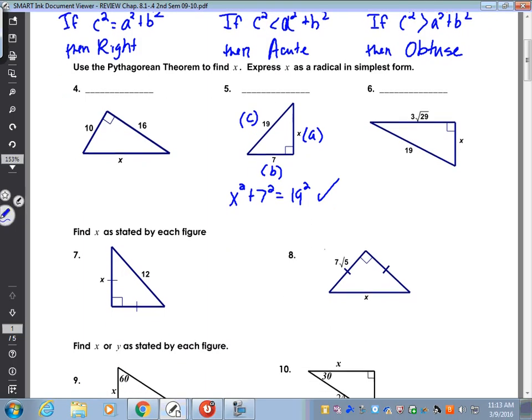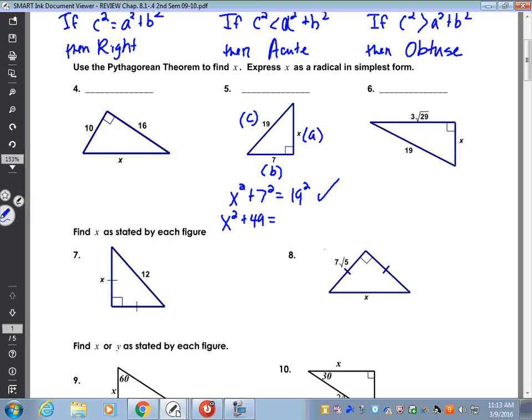So what is 7 squared? So basically I have x squared plus 49 equals... It doesn't matter which one is A or B, as long as you have C correct. C is always the hypotenuse, which is opposite the right angle.